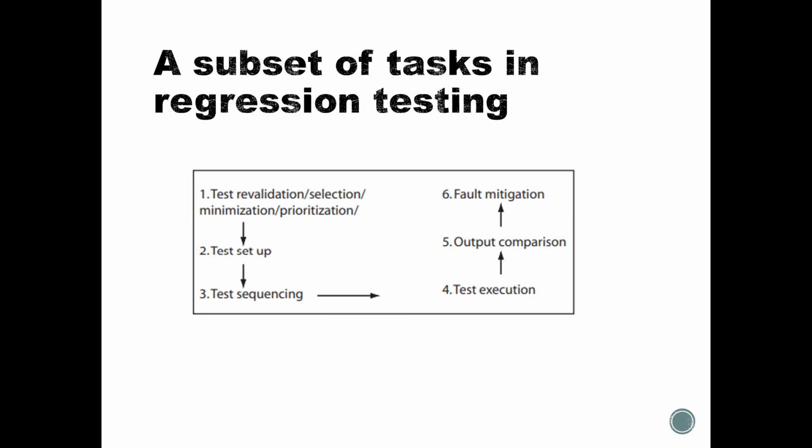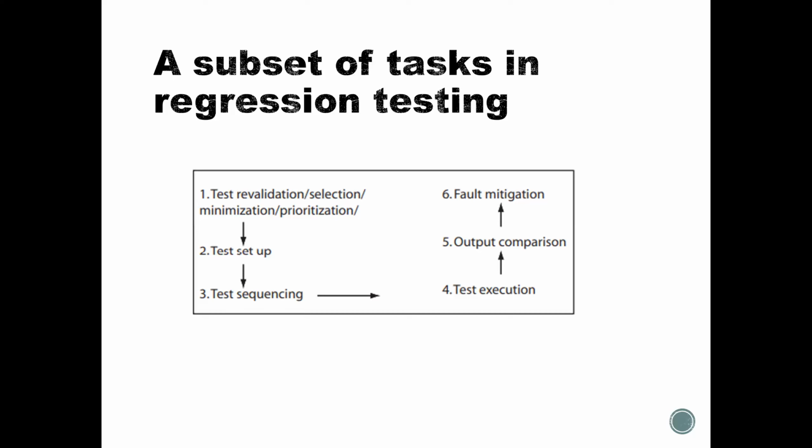Now, this modified P dash, which we have because of some changes in the code, has a series of tasks that we need to perform. However, we have not shown the entire series of tasks that need to be done on this P dash, but certainly we have shown the main steps that we need to follow.